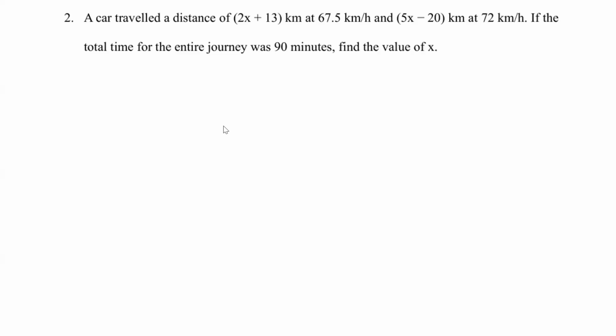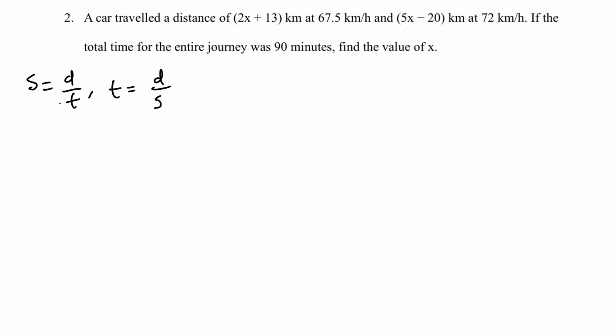Question number 2. A car traveled a distance of 2x plus 13 kilometers at 67.5 kilometers per hour. That is the speed. So speed equals to distance over time. That means time is distance over speed.